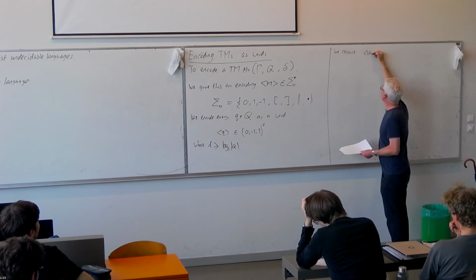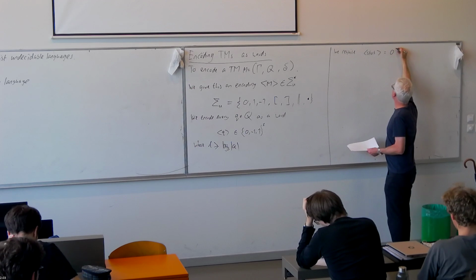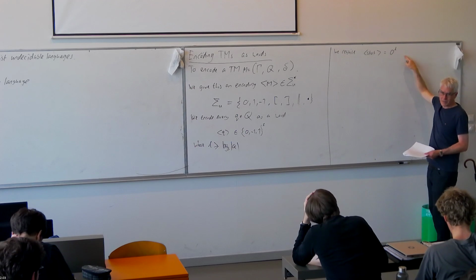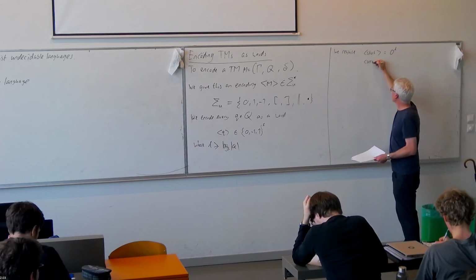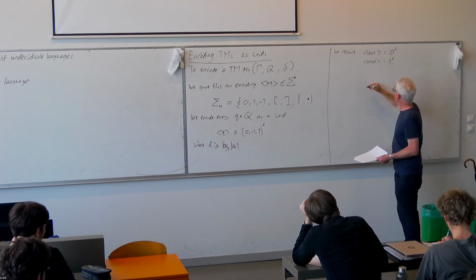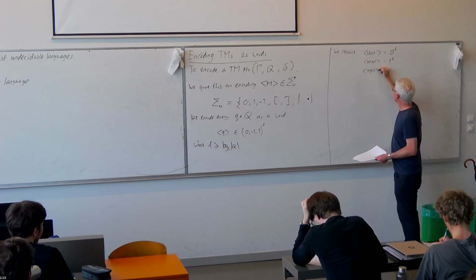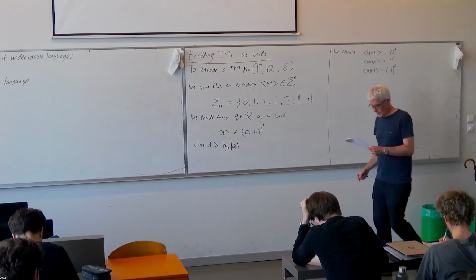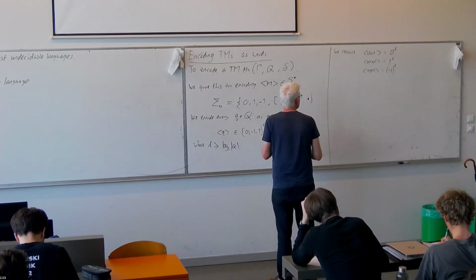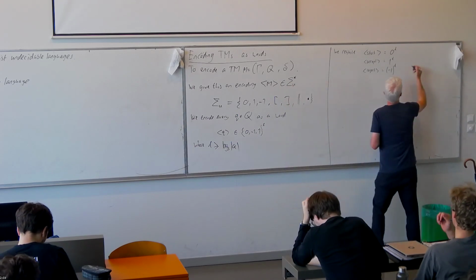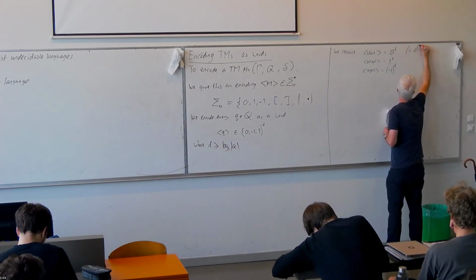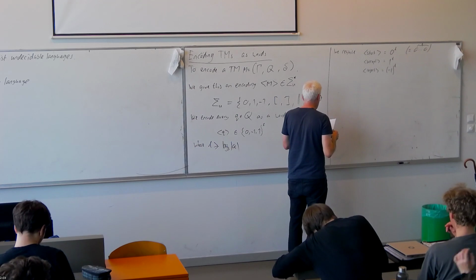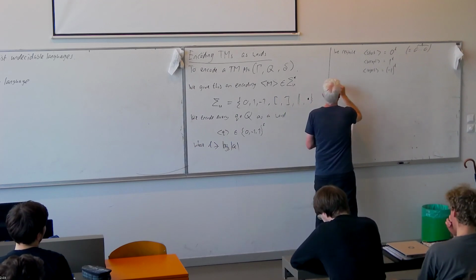So we require that the encoding of start is the word consisting of L zeros in sequence, accept is going to be L ones in sequence, and reject is going to be L minus 1 ones in sequence. Okay, so that's the states.